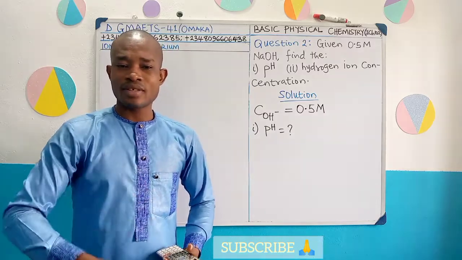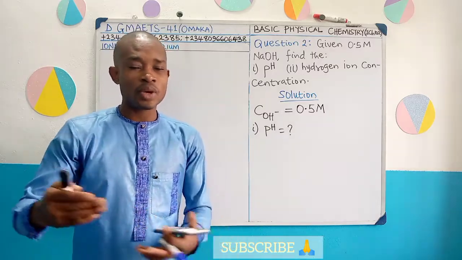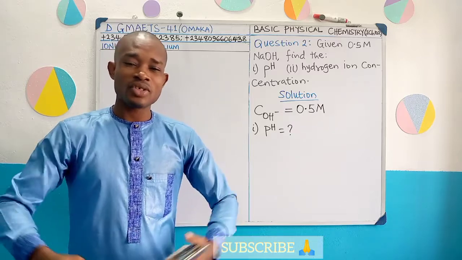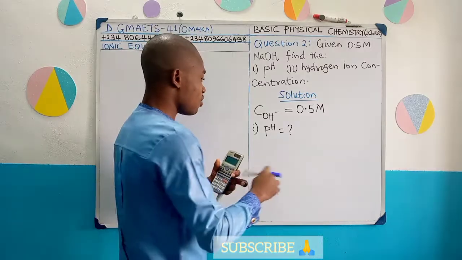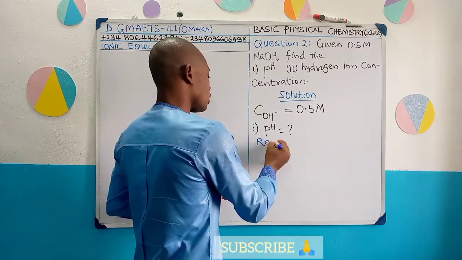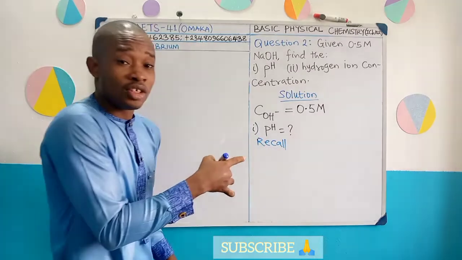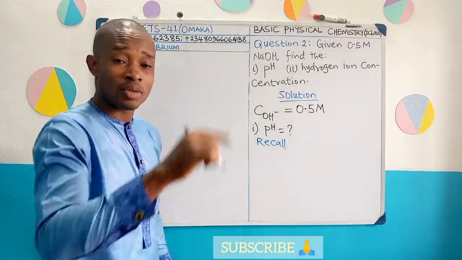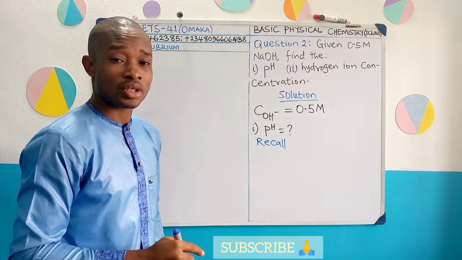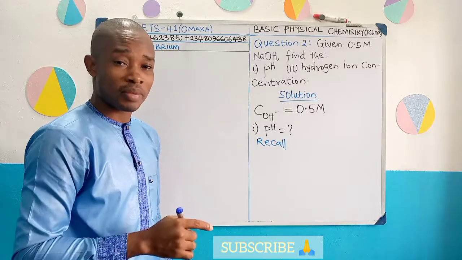That is why this equation, pH plus pOH equal to 14, is very unique. Of course, that is what we're going to do. So I would say recall. I've told you why I cannot use the basic formula of pH to solve this problem, that is minus log to base 10 of hydrogen ion concentration. I didn't know the hydrogen ion concentration from the question.